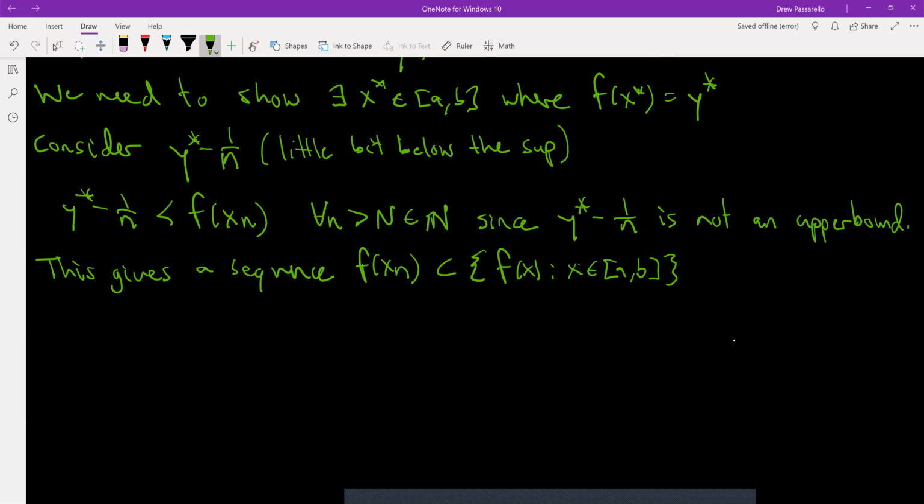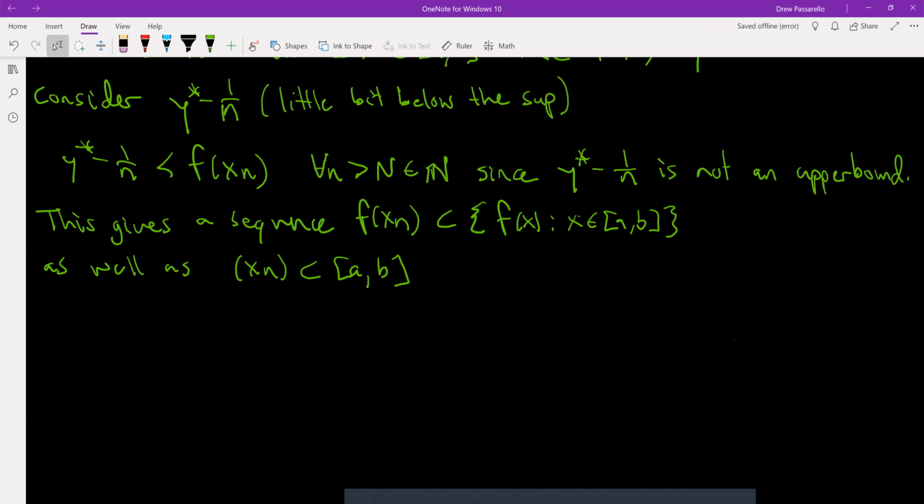So this gives us a sequence part of that set, as well as a corresponding xn being a sequence of [a, b]. Hence, our sequence xn is bounded.